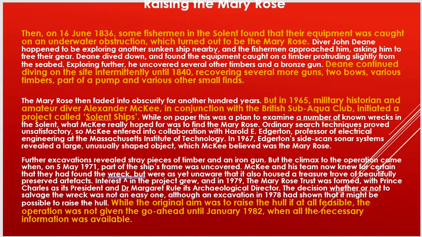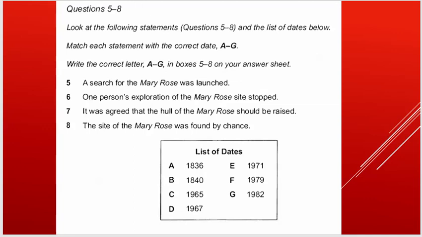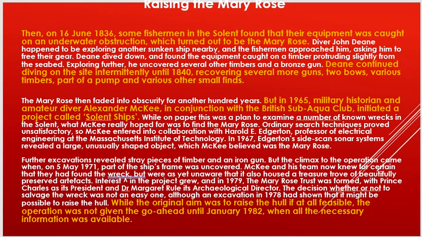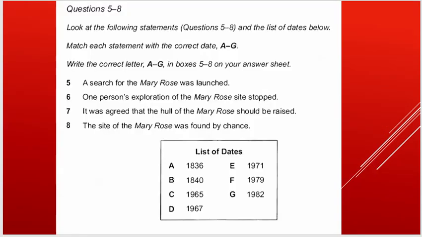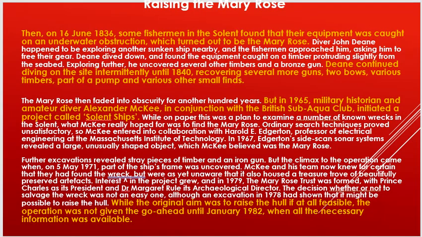Okay, so then what happened? Interest in the project grew, and in 1979, now we come to another year, the Mary Rose Trust was formed. Okay, is it talking about the trust in the question? No trust. So we confirm that 1971 is not the right answer, as well as 1979. Now let's see what happened in the year 1982.